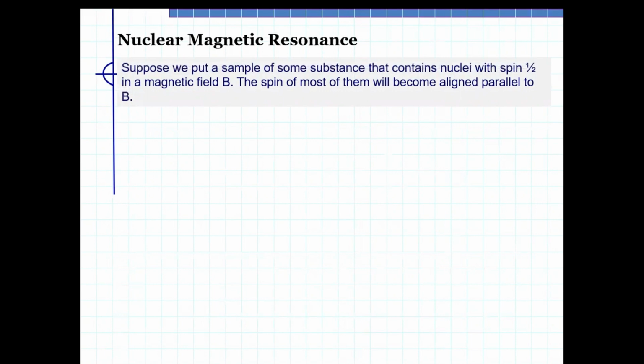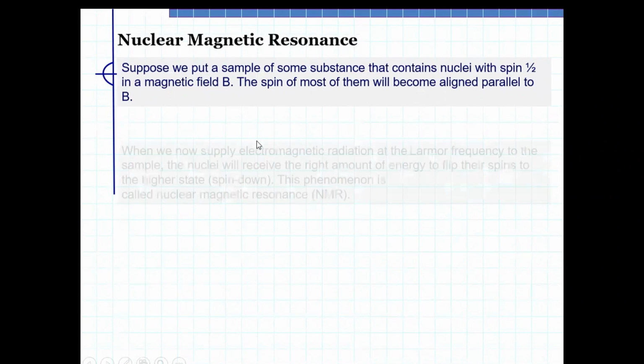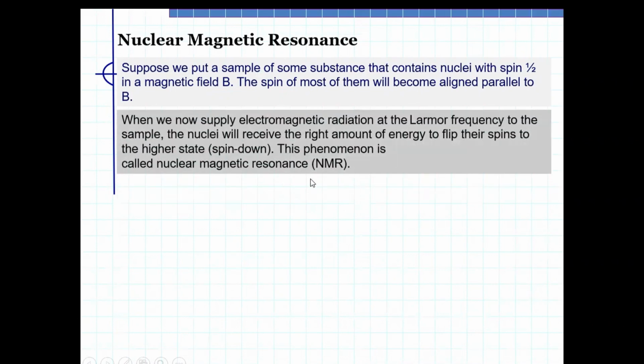Suppose we put a sample of some material that contains nuclei with spin half in a magnetic field. When we apply magnetic field B, the spin of most of them becomes aligned parallel to the magnetic field. Now suppose we apply electromagnetic radiation at a certain frequency to the sample.